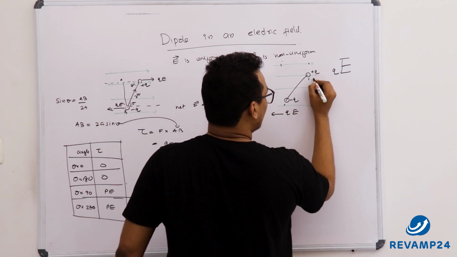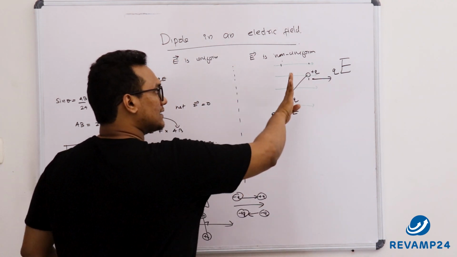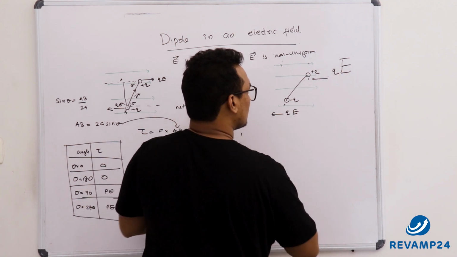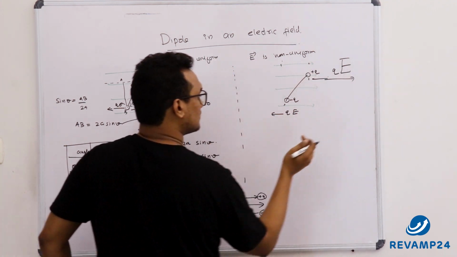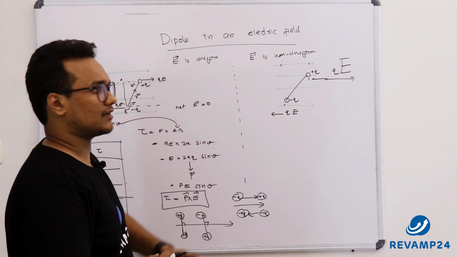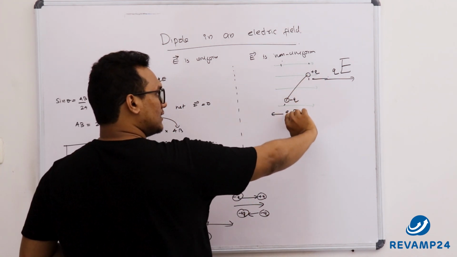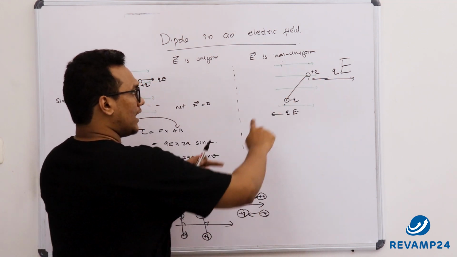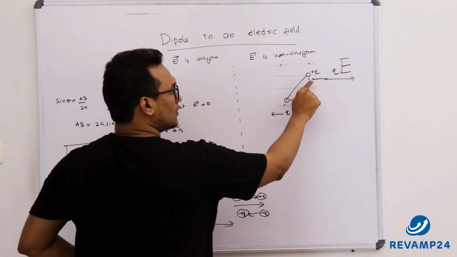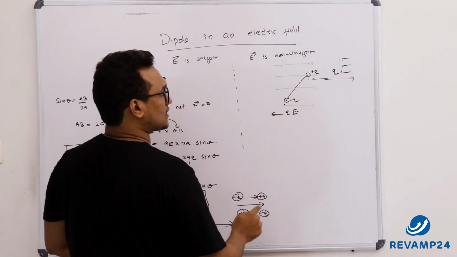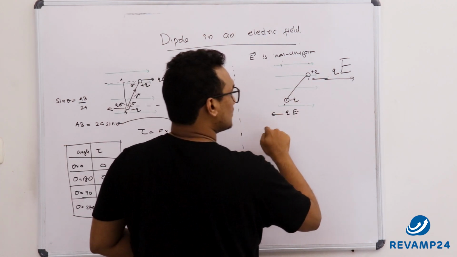So what will happen? The net force is not 0. It is having a higher force in this direction and a lower force in this direction, while still having torque. These two forces will create a torque, and with that torque it will rotate, and also we have an unbalanced force here.